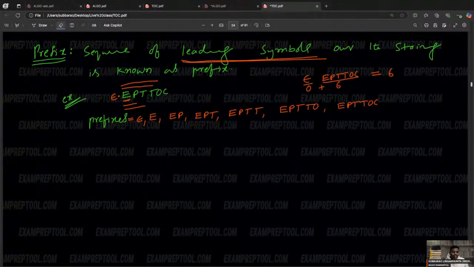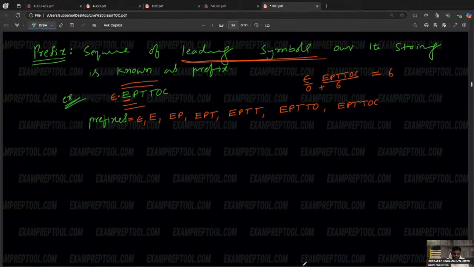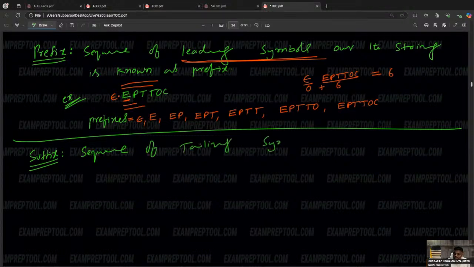Some people are asking, sir, if I always read from starting, you are saying it is a prefix. Sir, if I read always from ending, what is it? That is called suffix. Let me write.